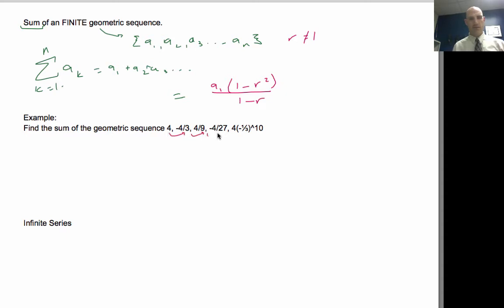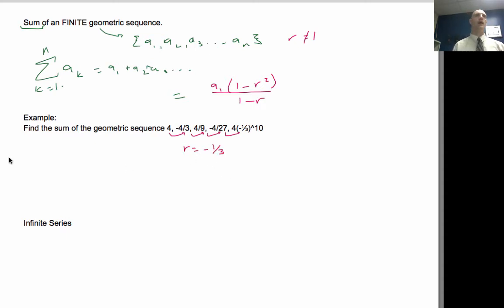So to get from here to here, how do I get there? Well, it's really 4, then minus 4/3, then positive 4/9, then minus 4/27. My common ratio is negative 1/3.